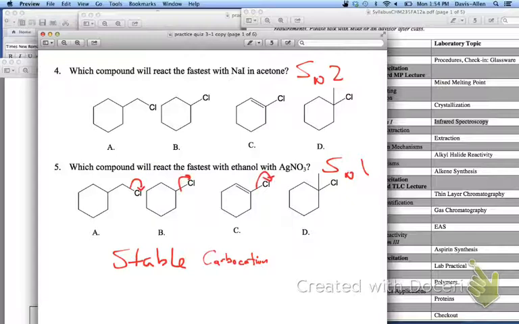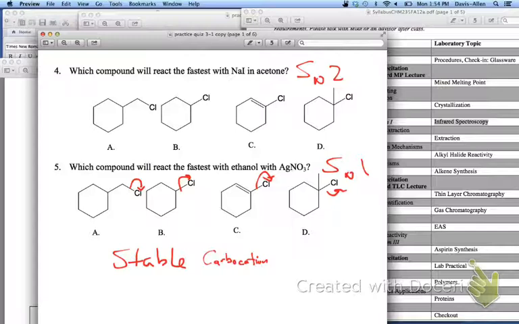Which then means what? What happens to the carbon? It's positive in all of those cases. If that carbon cannot stabilize a positive charge, does the leaving group leave? No. Well, if the leaving group never leaves, do you have more than one step? No. Okay? So really your SN1 chemistry is really driven by the stability of the carbocation. That's really, really, really critical to that reaction working.